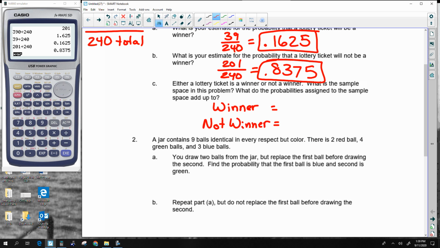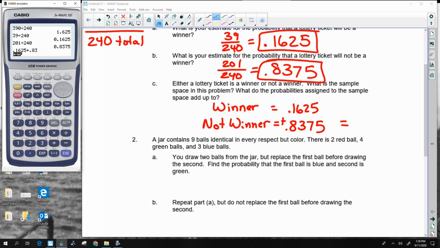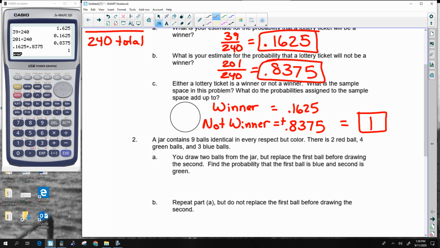What do the probabilities assigned to those sample spaces add up to? So you can't have one without the other.